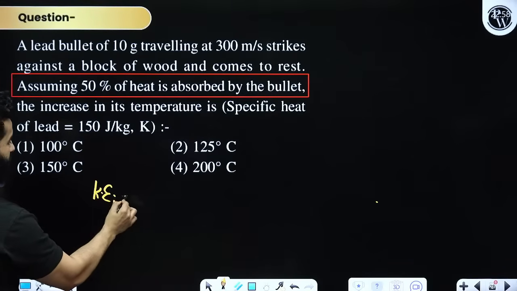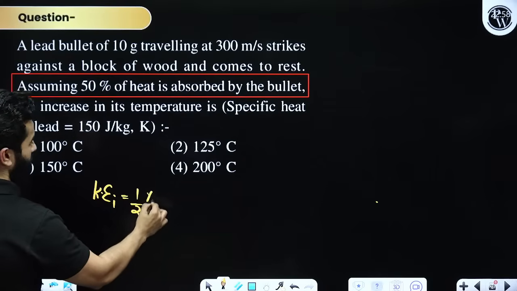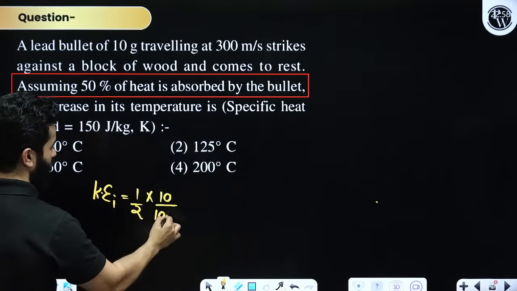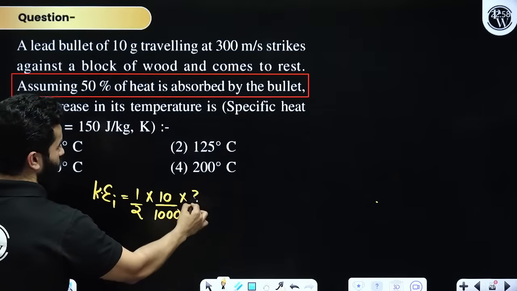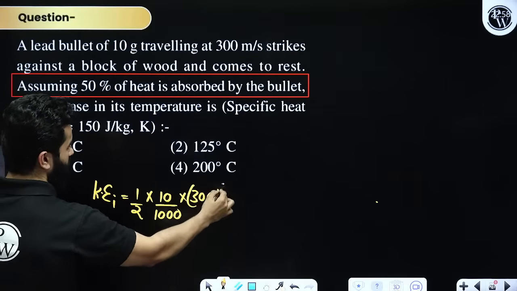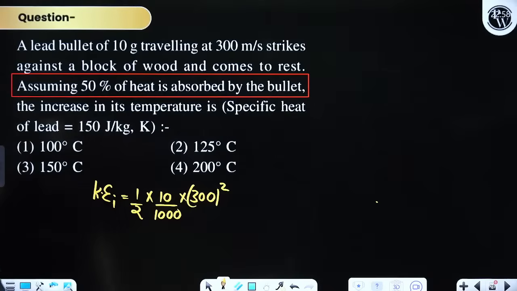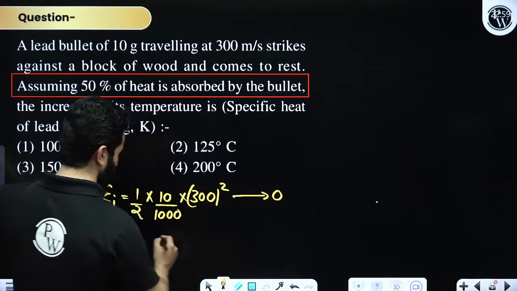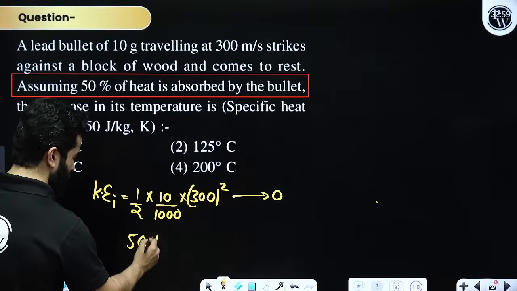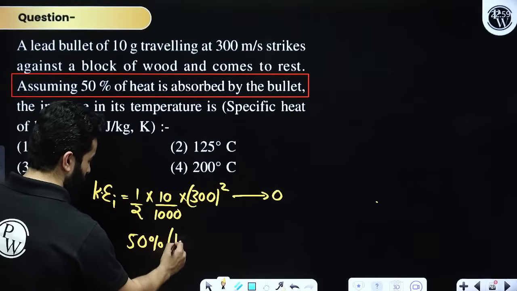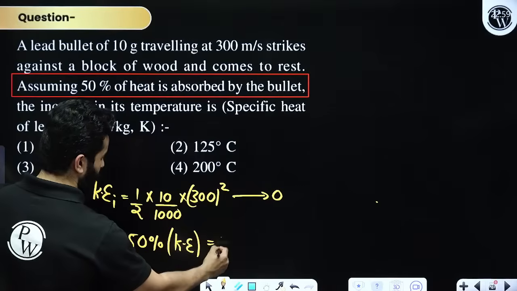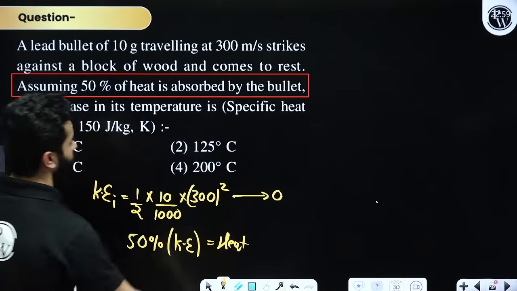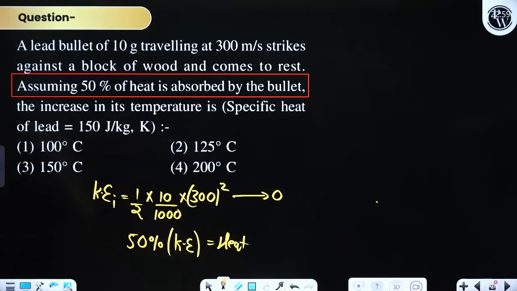Initial kinetic energy will be half m, 10 divided by 1000, into v square, where v square is 300 squared. Assuming 50% of heat is absorbed, it comes to rest, so the final kinetic energy will be 0. So 50% of this energy is getting converted into heat.